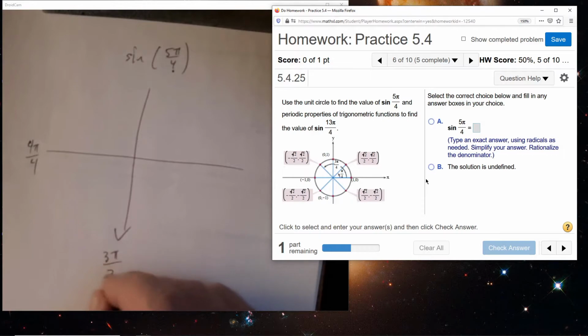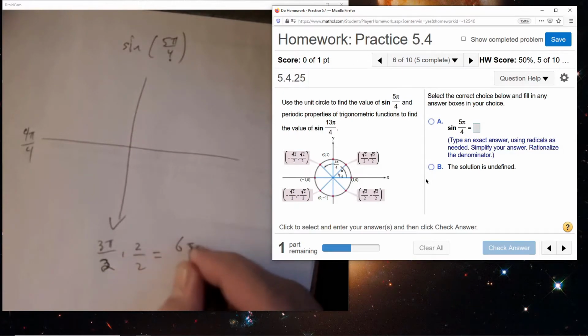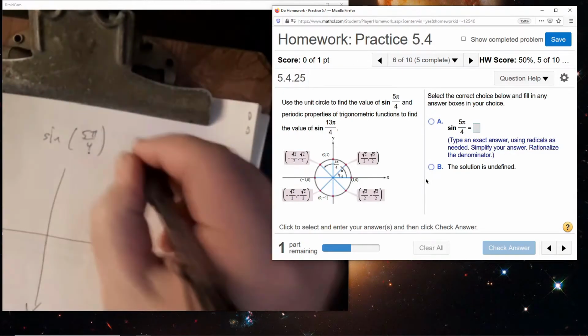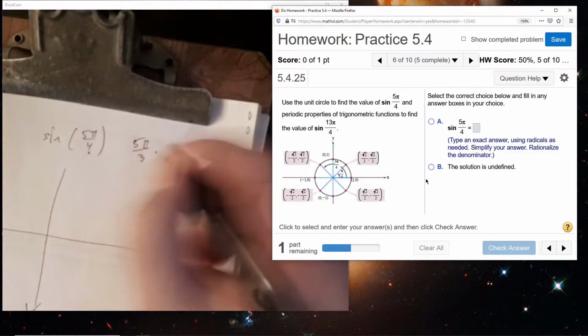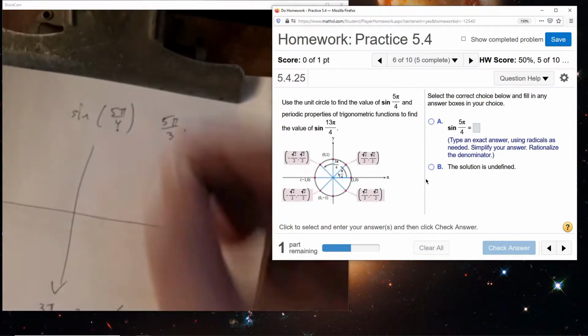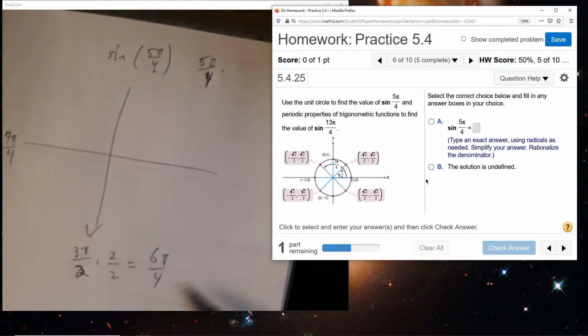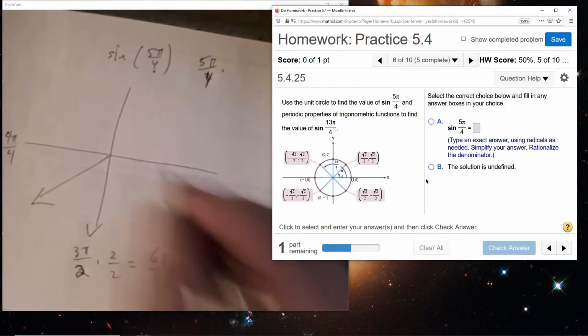So we'll have to compare to 3 pi over 2 here. And to get a common denominator, we'll multiply this by 2. To get a common denominator up here, we'll multiply this by nothing, because that's already 5 pi over 4. And we get a 6 pi over 4. So that means this angle's in quadrant 3.